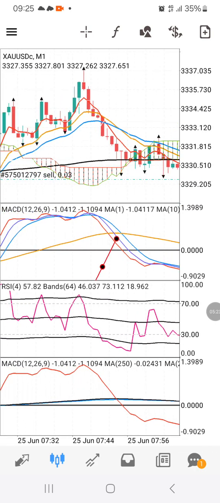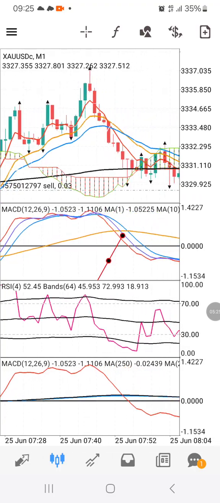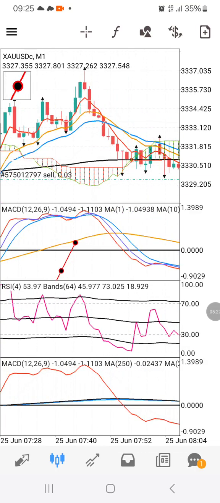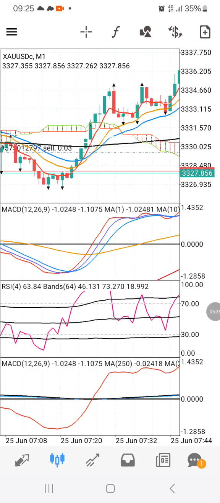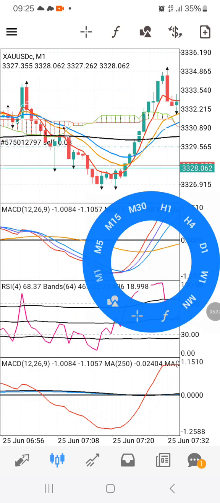When they further cross below the zero level of the MACD, that's another confirmation to continue to sell.